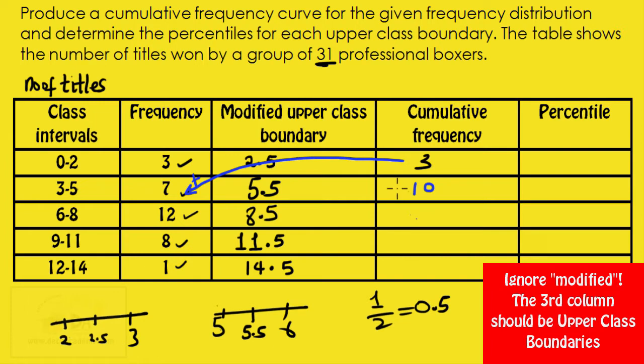Cumulative frequency here is going to be 10 plus 12, which is going to be 22. Cumulative frequency here is going to be 22 plus 8, which is going to be 30. The cumulative frequency here is going to be 30 plus 1.